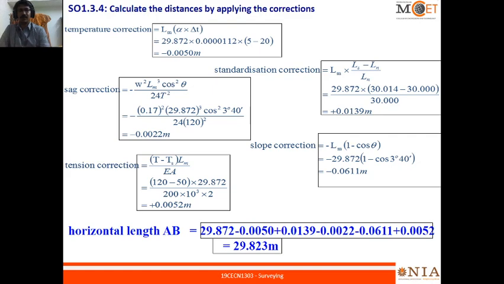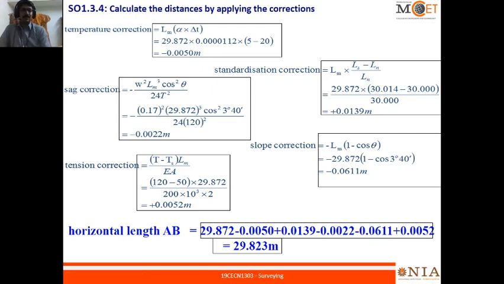It was not given in the problem. If it is not given, you can assume this value for all steel tapes, 0.000012. This is the standard value for the coefficient of expansion for a steel tape or chain. So the answer, if you put it in the calculator, you get minus 0.0050 meter. Mostly you try to have 4-digit values in chain calculations, right?